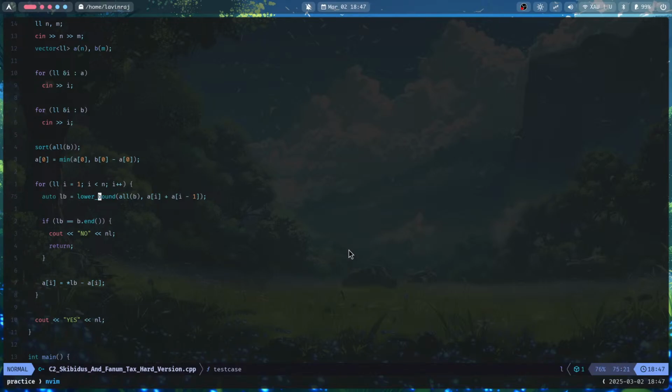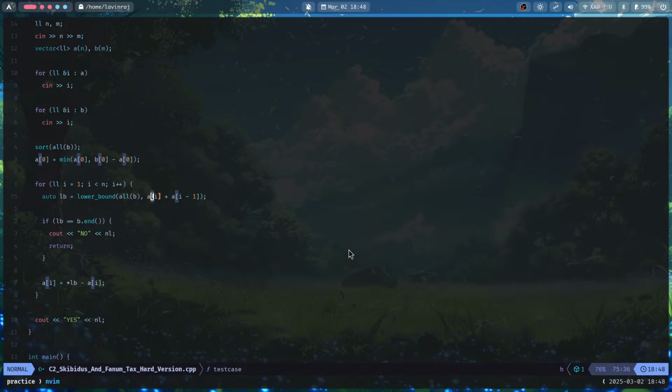Lower bound should work, I think, because we need the current element to be at least equal to the previous one. So we take the previous one, add the current one, because at the end we subtract the A[i] from it anyways.